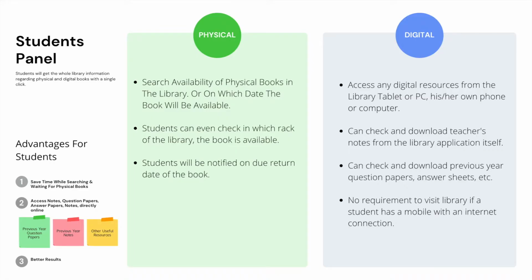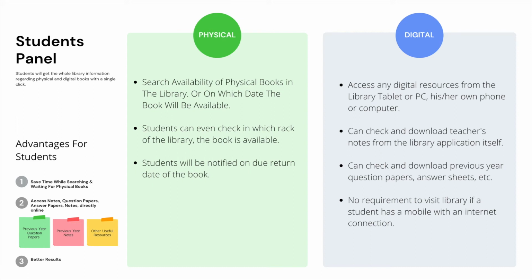Yes, this is the third panel which will be offered in the library management system, and it is called Students Panel. The student can log into their own panel using the username and password which can be generated within the software itself, and they will get two different sections after logging in.